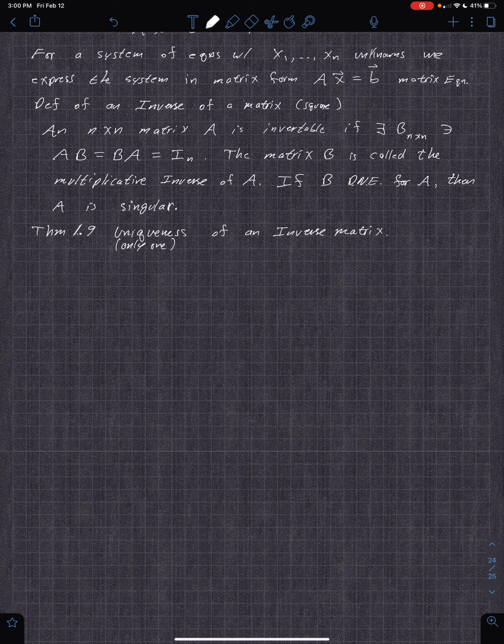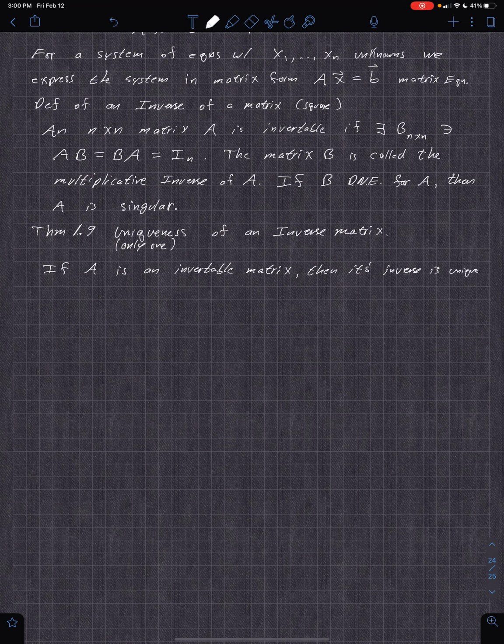All right, so this is what it says. If A is an invertible matrix, then its inverse is unique.